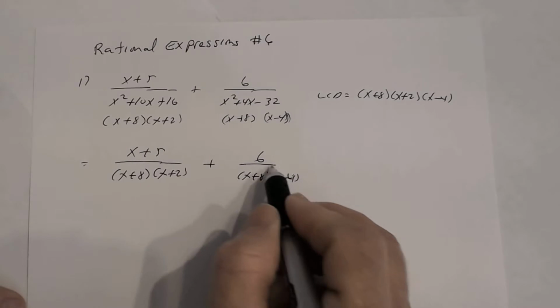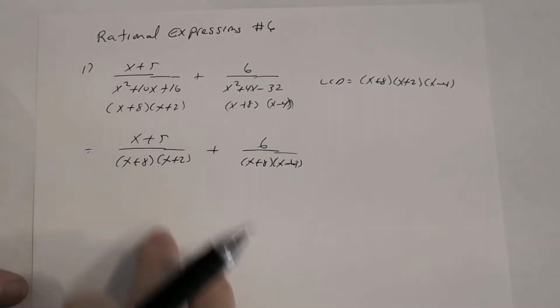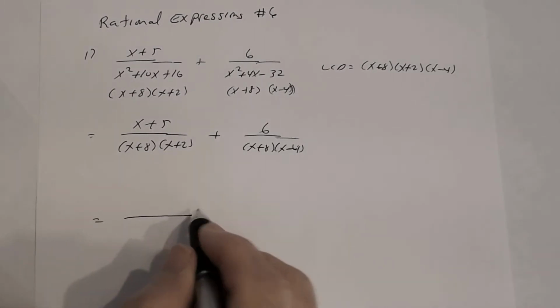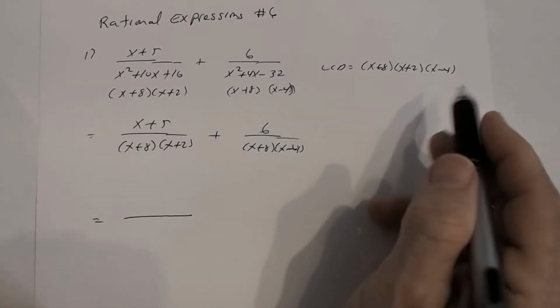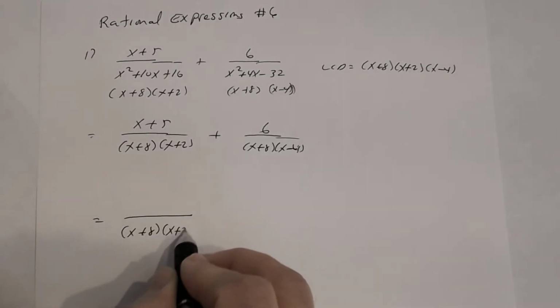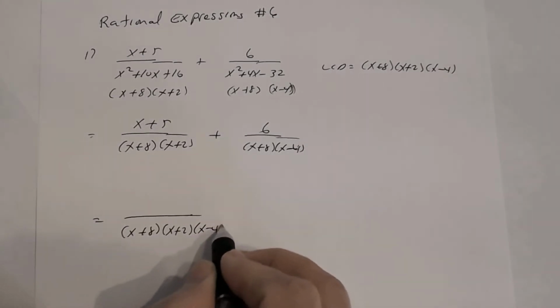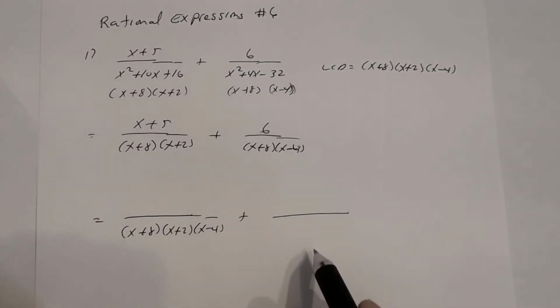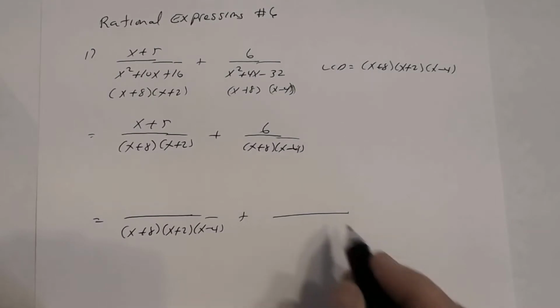Okay, now what we're going to do next is write equivalent fractions. So this fraction is equivalent to what fraction with the LCD as the denominator? So x plus 8, x plus 2, x minus 4. Plus, same thing here. This rational expression is equivalent to what rational expression with that denominator?